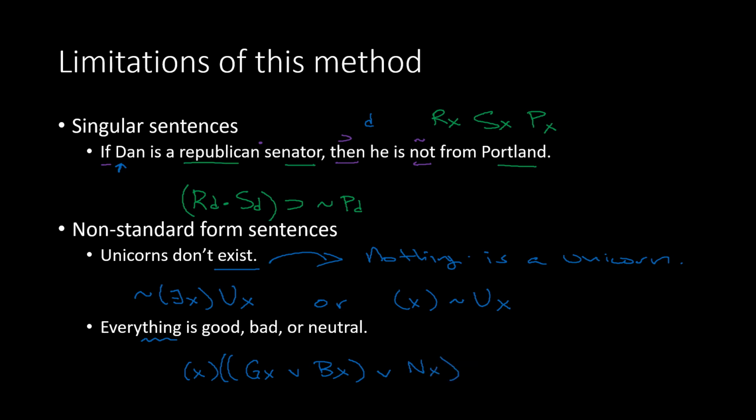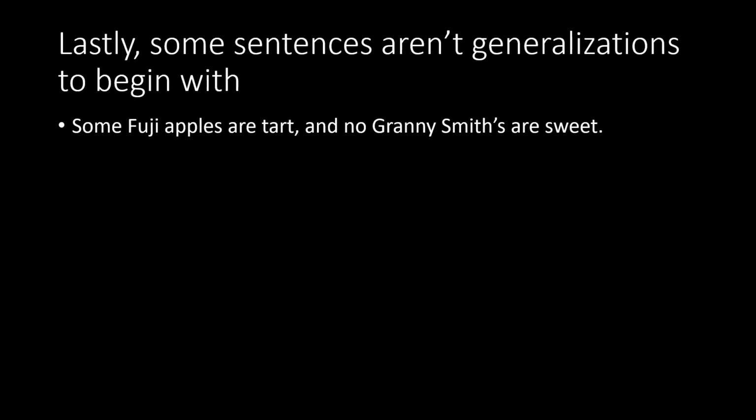Or neutral. And then there's one last type of sentence that this template method can't really handle, and it's sentences that aren't generalizations to begin with. Notice that this sentence at the end of the day is really just one big conjunction. Now the conjunction is of two generalizations.